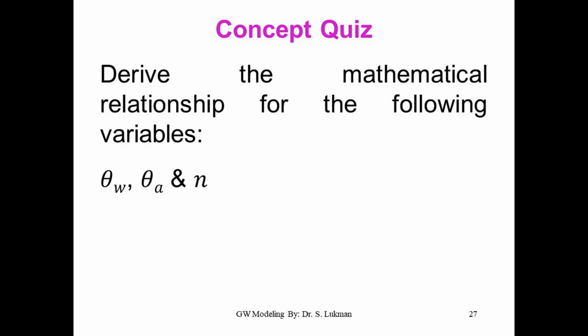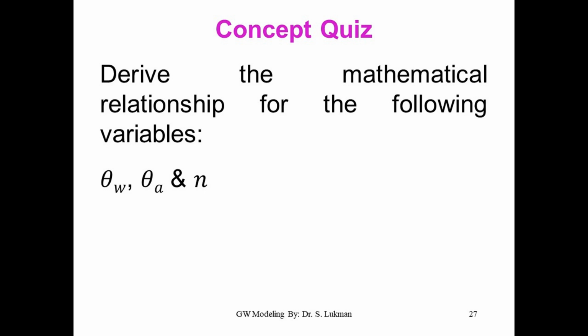Then how did you get this one? This is the volume of water over total volume. Then the total volume of air is equal to the volume of water, the velocity of air times total volume.